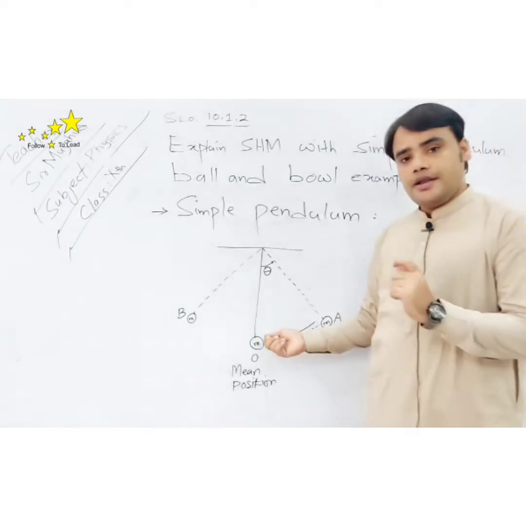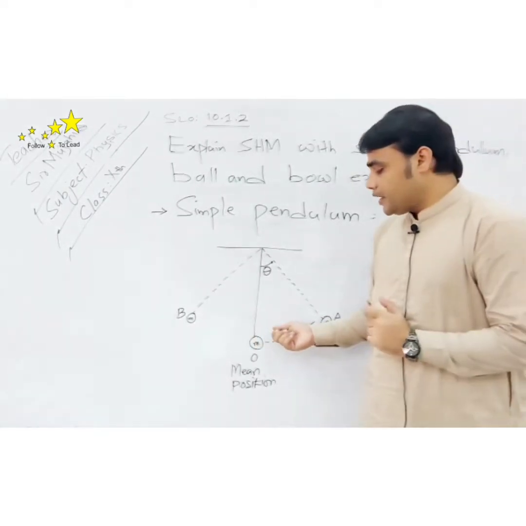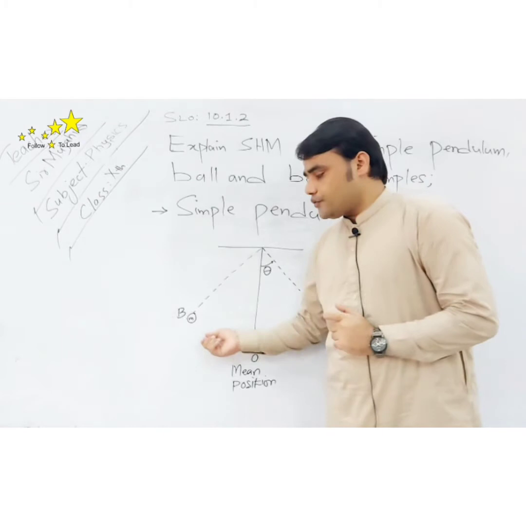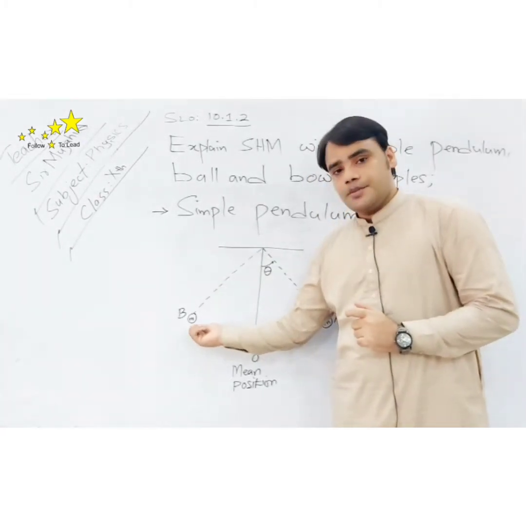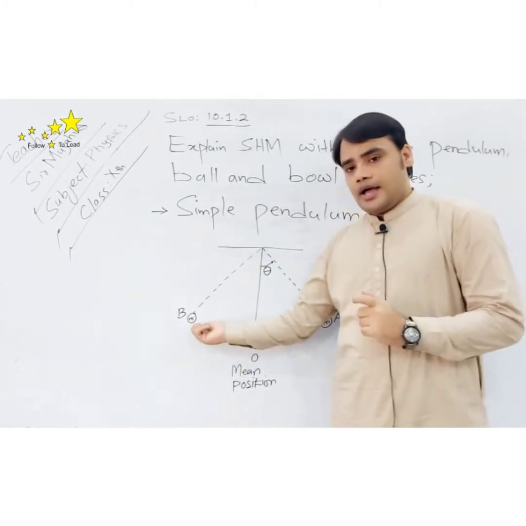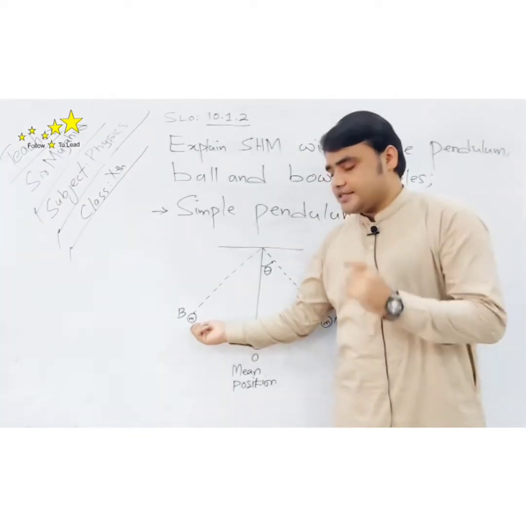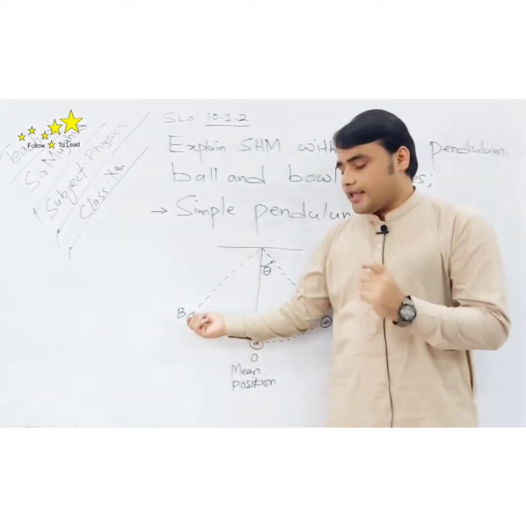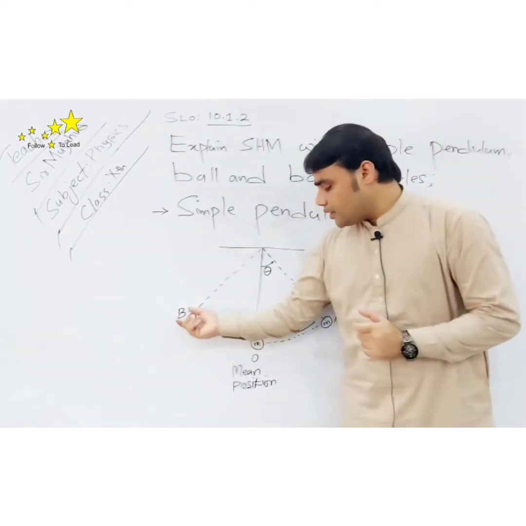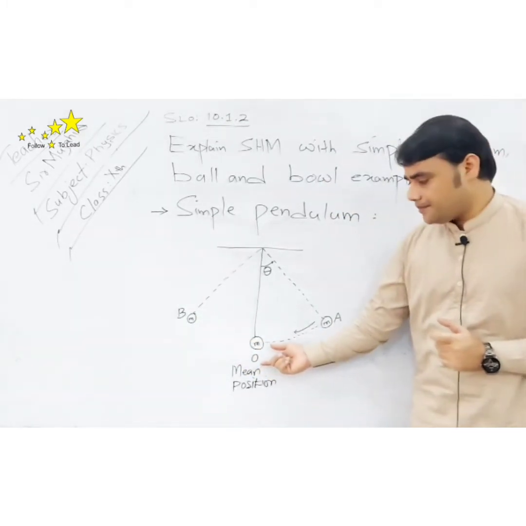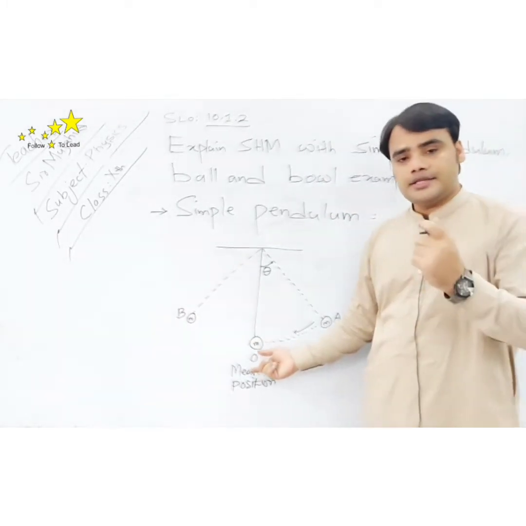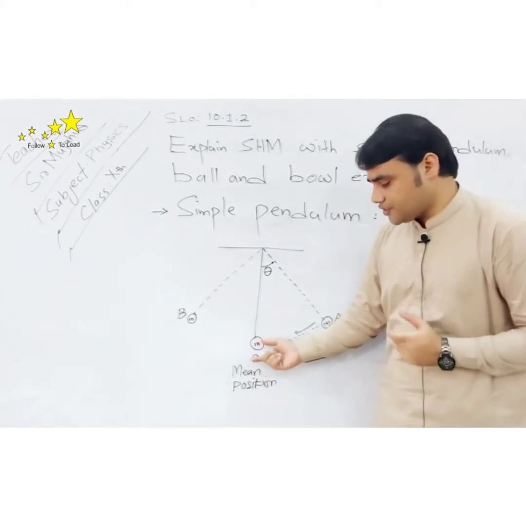Due to its inertia, it continues to move towards the other extreme position, which is B. While arriving at position B, it stops for a while and again starts to move towards position A, due to the elastic restoring force and gravitational forces.